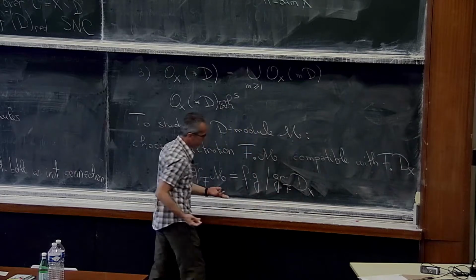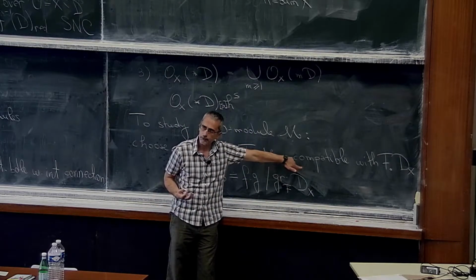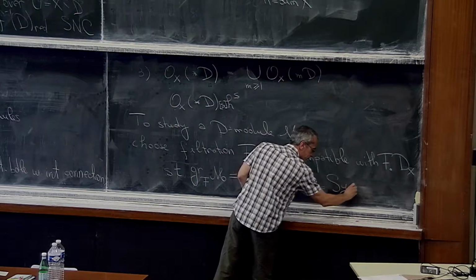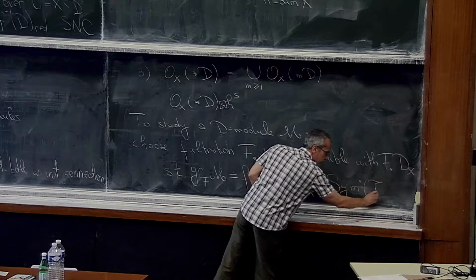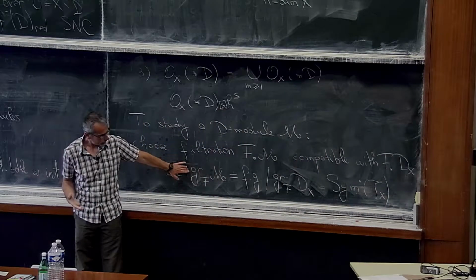But the gr of D_X is simply the symmetric algebra of the tangent sheaf. So in other words, what you get from this object is a sheaf on the cotangent bundle.